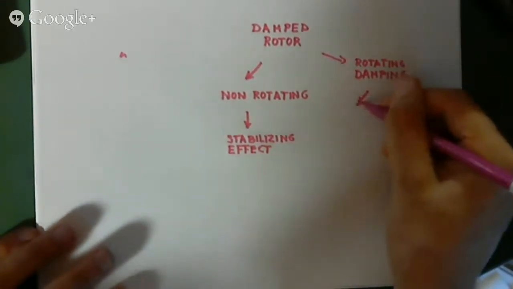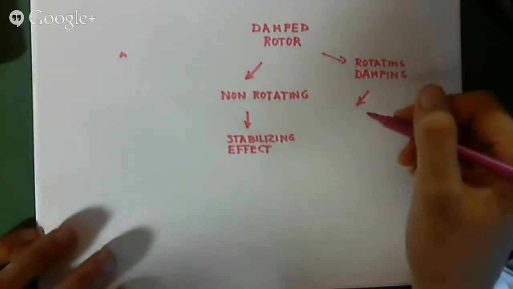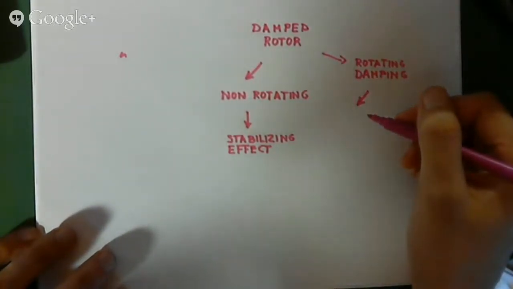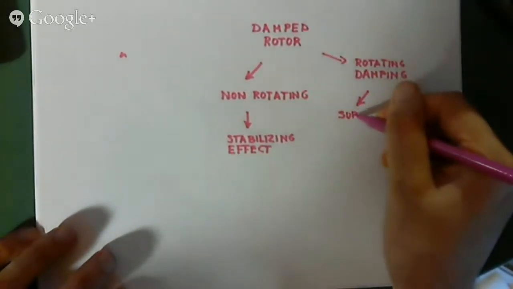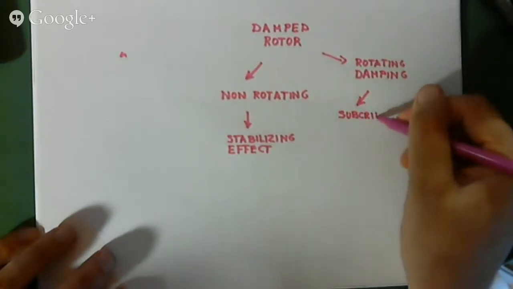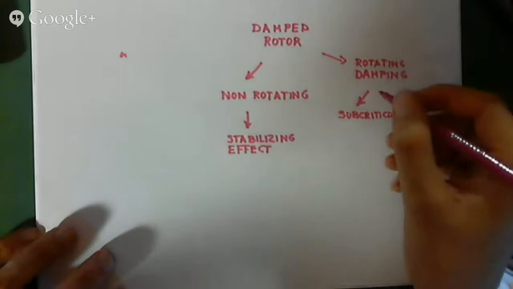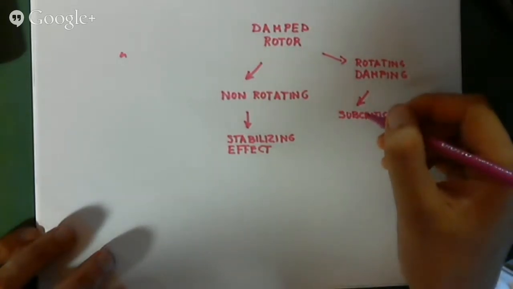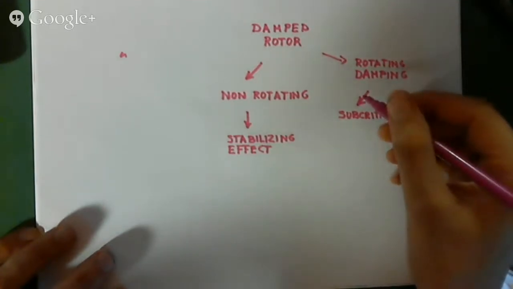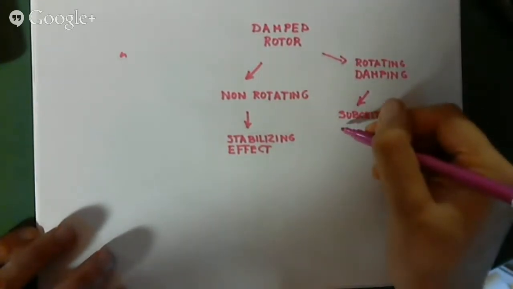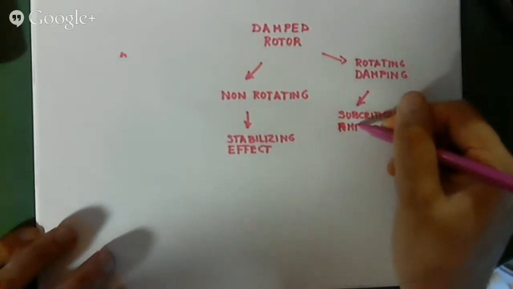So, for rotating damping, we have to distinguish the subcritical range, in which we have a reducing of amplitude of vibration, amplitude reduced.